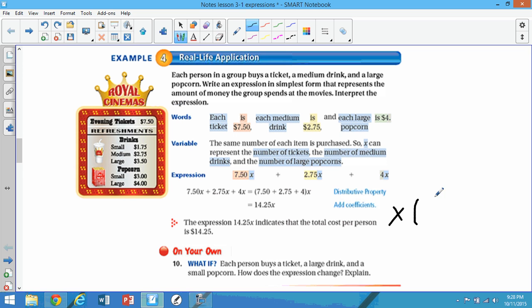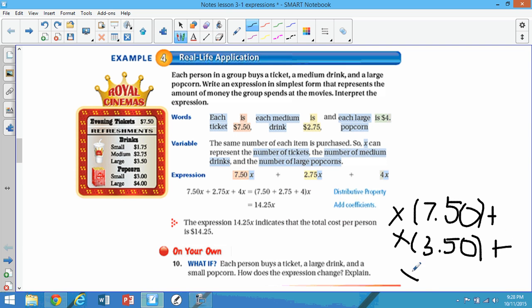Okay, if you're going to buy a ticket, $7.50 plus, and then X times a large soda, $3.50 plus, and then X times the cost of a small popcorn, which is $3.